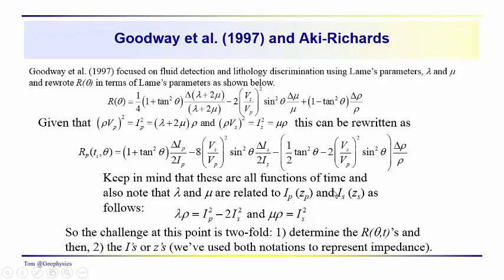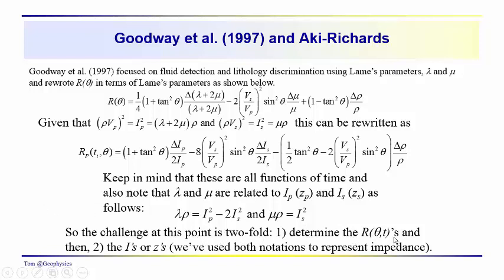These are impedances, and we can also, by definition, note that the product lambda-rho is equal to the compressional wave impedance squared minus 2 times the shear wave impedance squared, and that the product mu-rho is equal to the shear wave impedance squared. So the challenge for us at this point is really twofold.